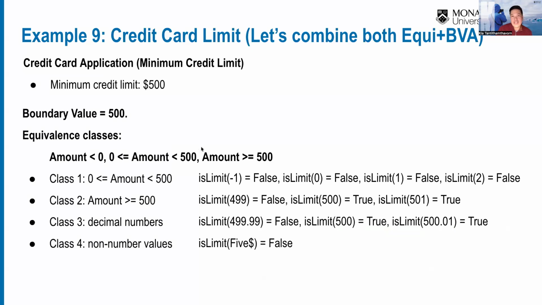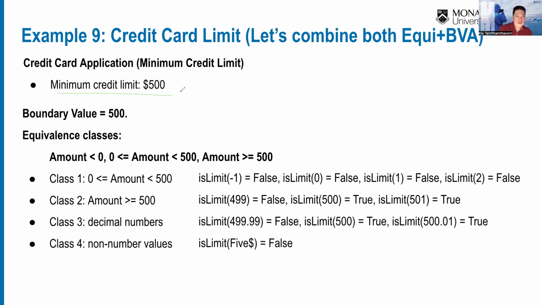Next example, credit card limit. Same as this one, we're going to apply both equivalence partitioning and boundary value analysis. Based on this requirement, we want to check the minimum credit card limit.